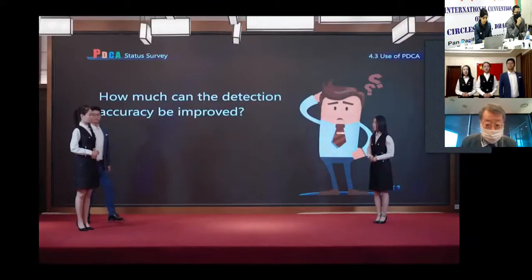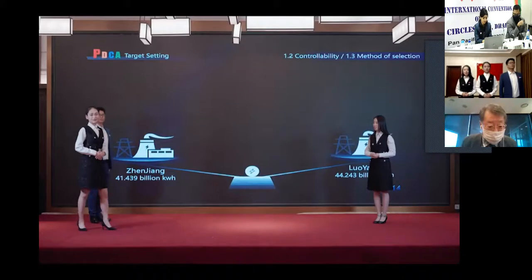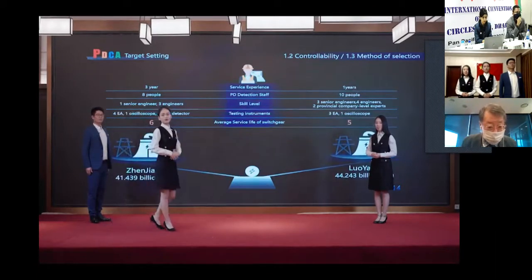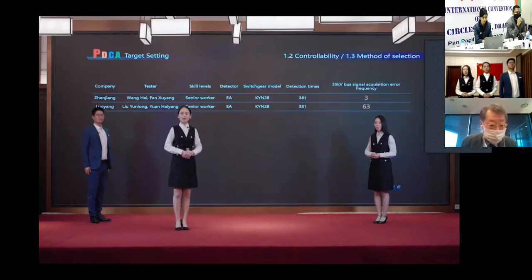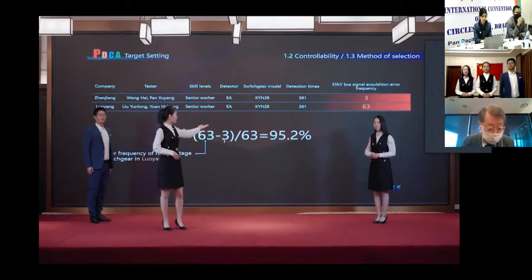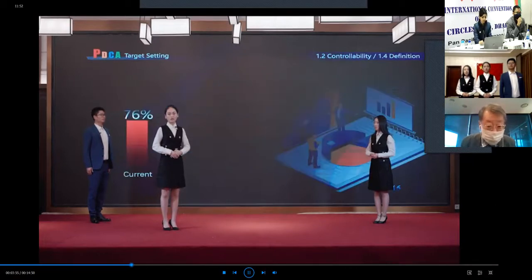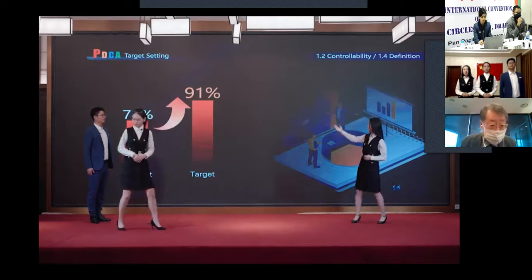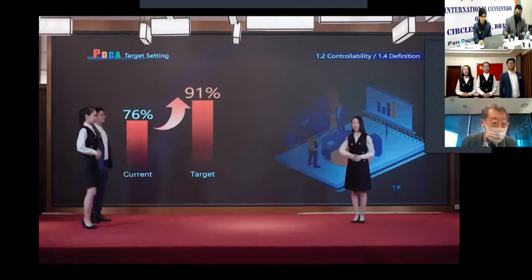So how much can the detection accuracy be improved? We made an investigation. Zhenjiang and Luoyang power grids are similar in scale, and the 35 kV bus signal acquisition has only 3 errors. If we can solve 95.2% of the defects, it can be improved to 91%. Yes, it will be our target.